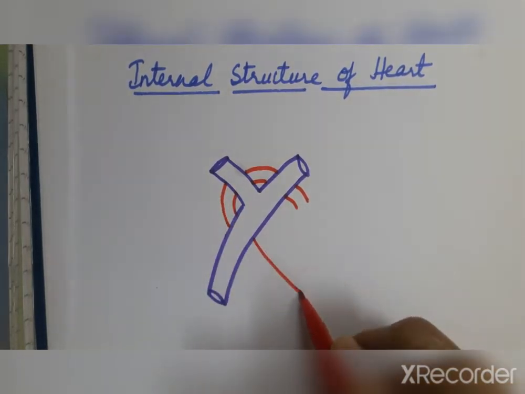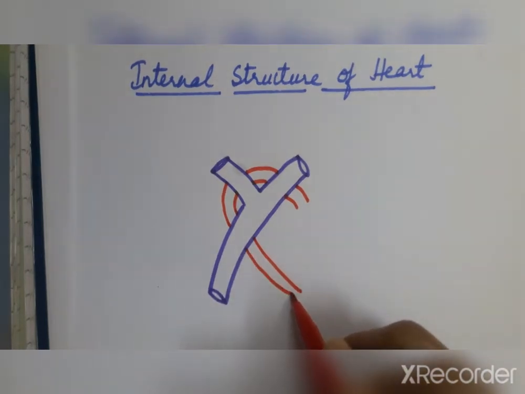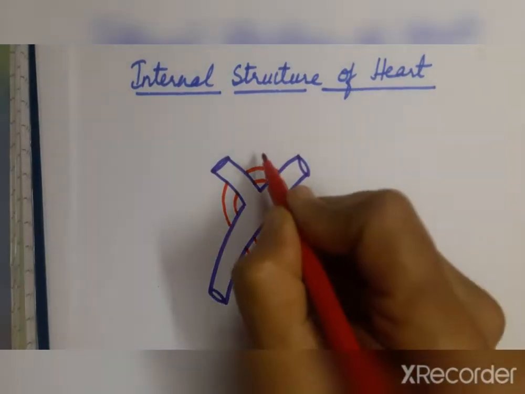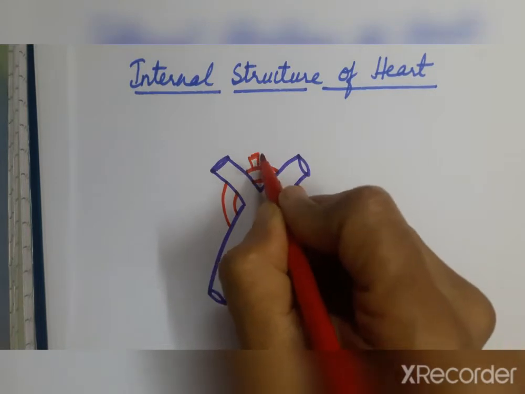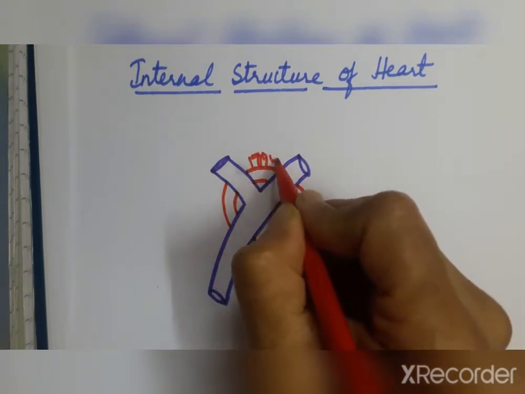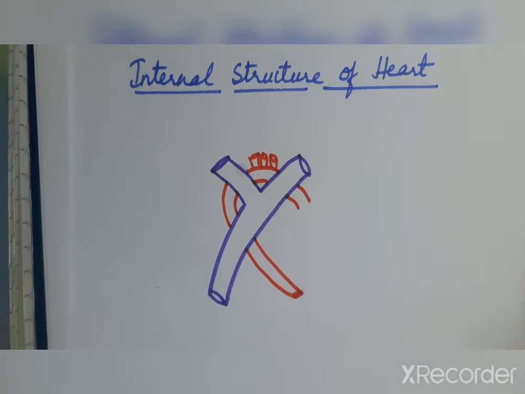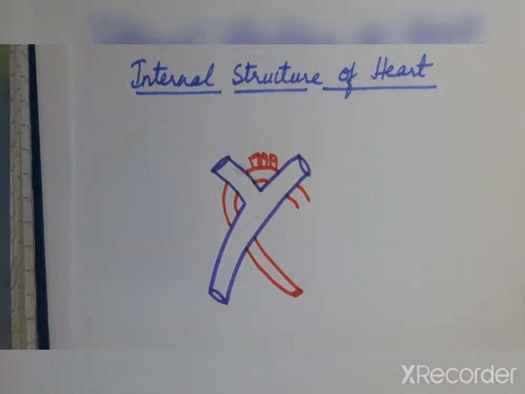This is C. This will have the branches here like this.